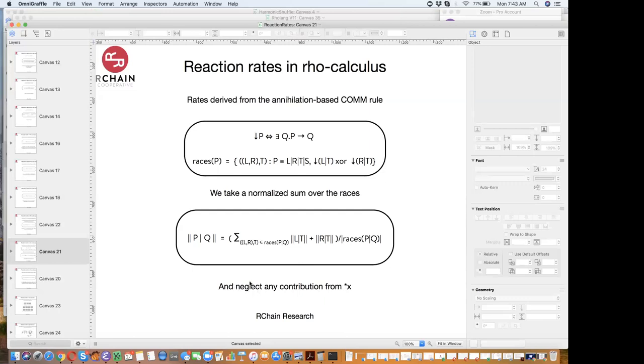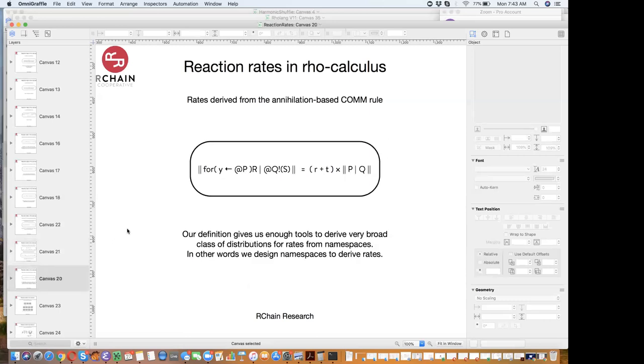We could just set that to some number T, but T could actually be a function of the structure of terms. So it's okay for us to simply set the double bar of dref to be 0. And that completes the definition of this recursive calculation, and gives us enough tools to define a very broad class of distributions from namespaces.